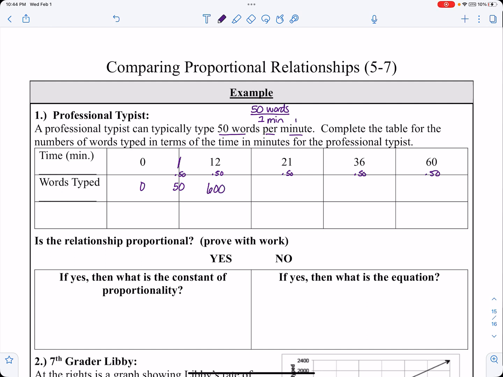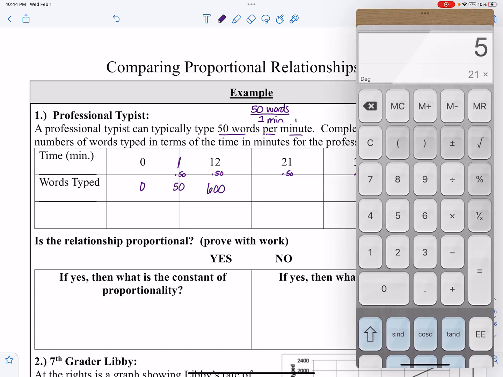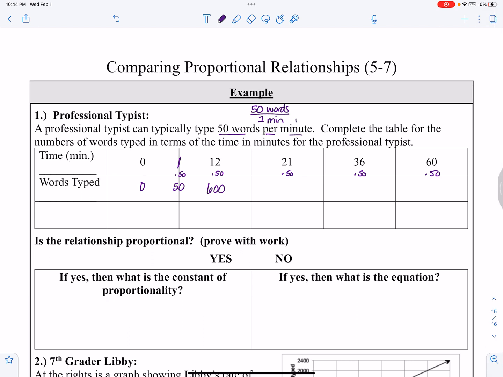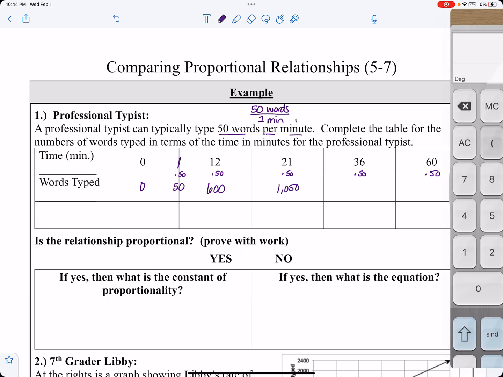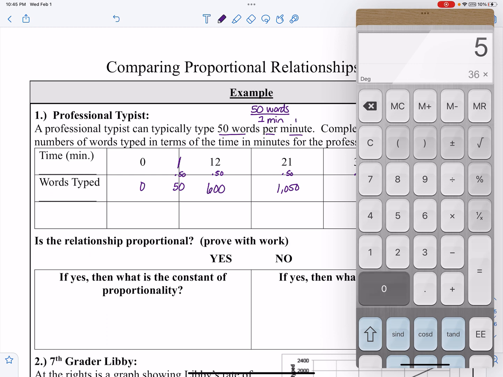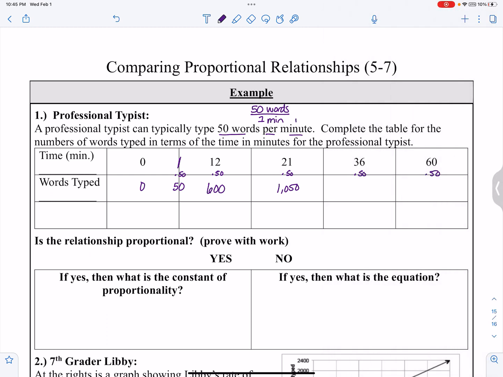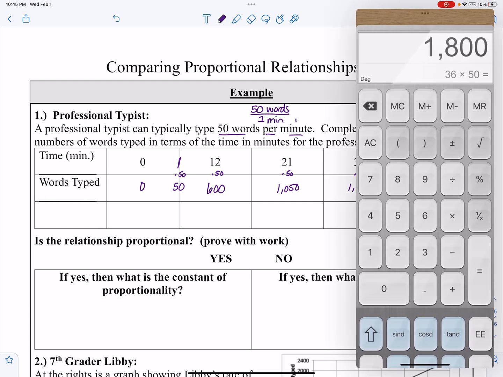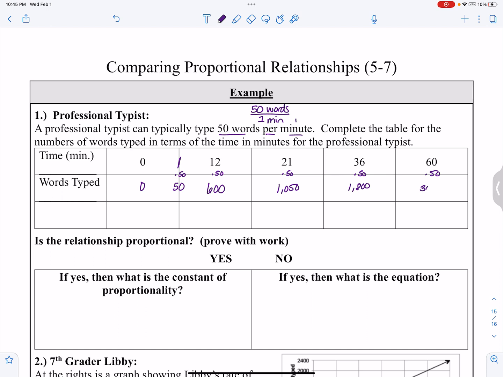We have 600. 21 times 50 is 1,050 words typed. Our 36 times 50, 1,800. And our 60 times 50, we know 5 times 6 is 30. So we have our 3,000.